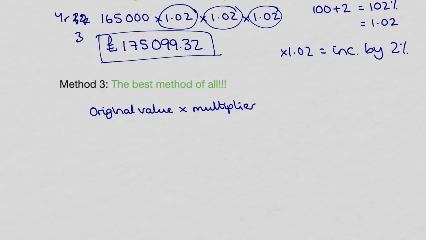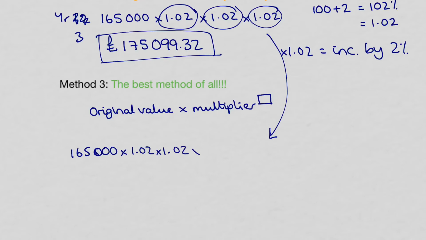So what we have is a power on the multiplier. Can you see that what we wrote here, 165,000 times 1.02 times 1.02 times 1.02, we could write more simply as 165,000 times 1.02 to the power 3. Because multiplying by something 3 times means you're multiplying by it to the power 3.